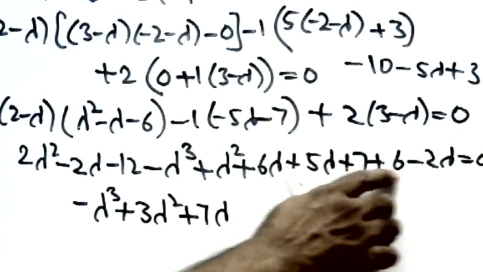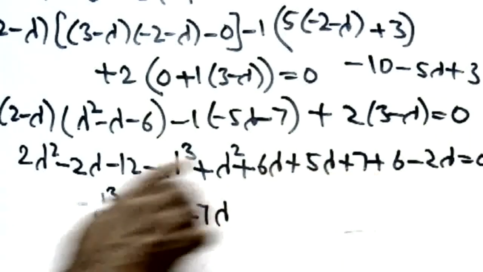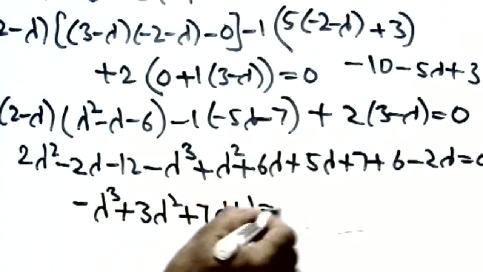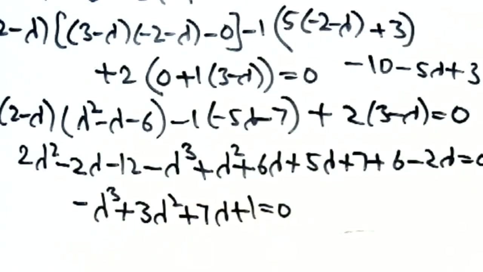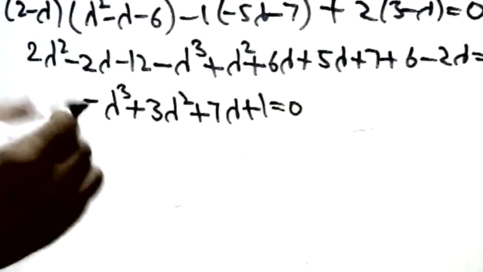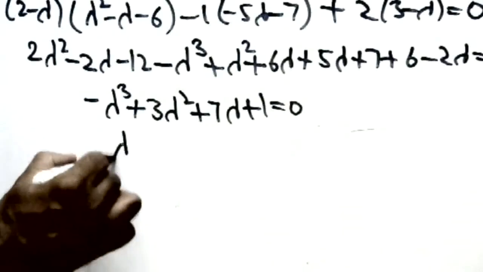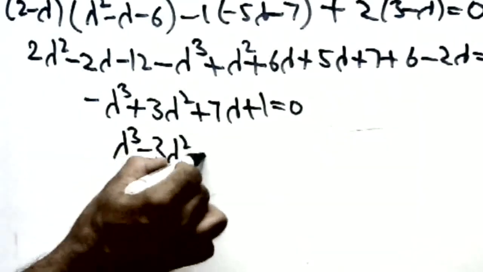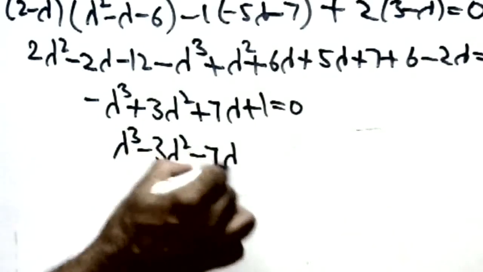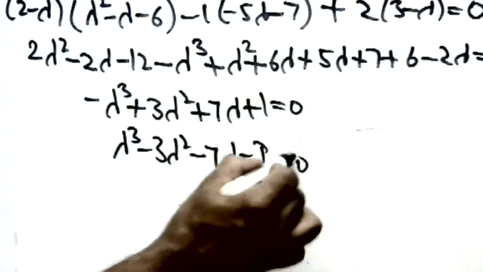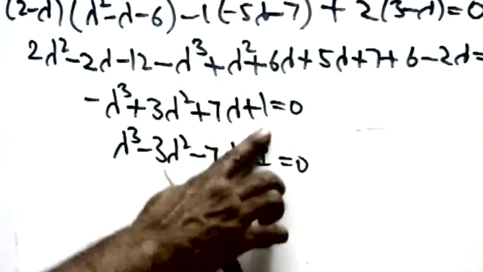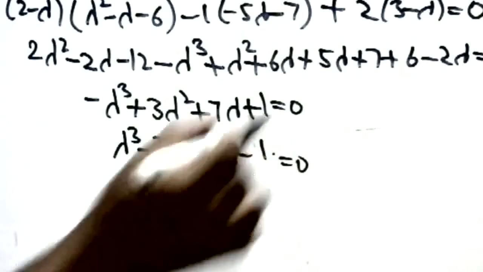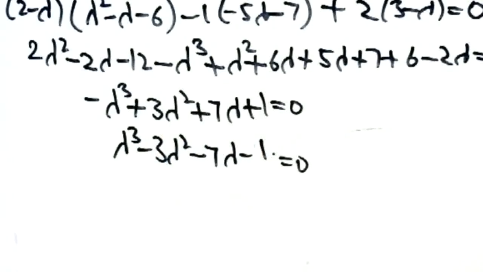Now lastly constants, 7 plus 6 is 13, 13 minus 12 will be 1, plus 1 equals to 0. Now let me take minus common here. If we take minus common, this will become lambda cube, minus 3 lambda square, minus 7 lambda, minus 1 equals to 0. Minus, sorry, plus 1 equals to 0.